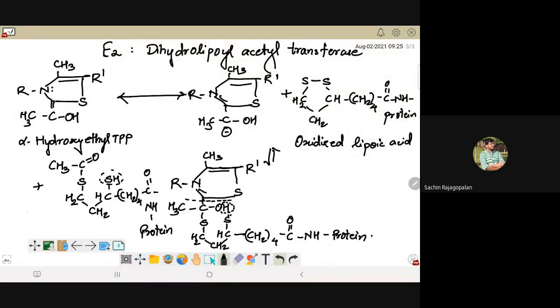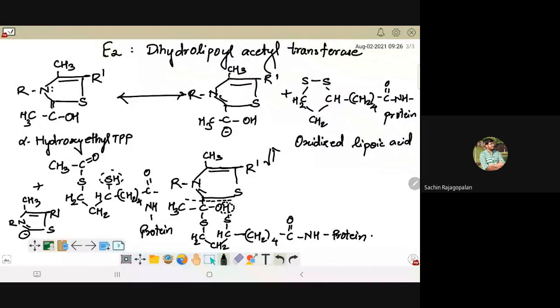And TPP is going to be set free. So my TPP is now set free to interact with another molecule of pyruvate.